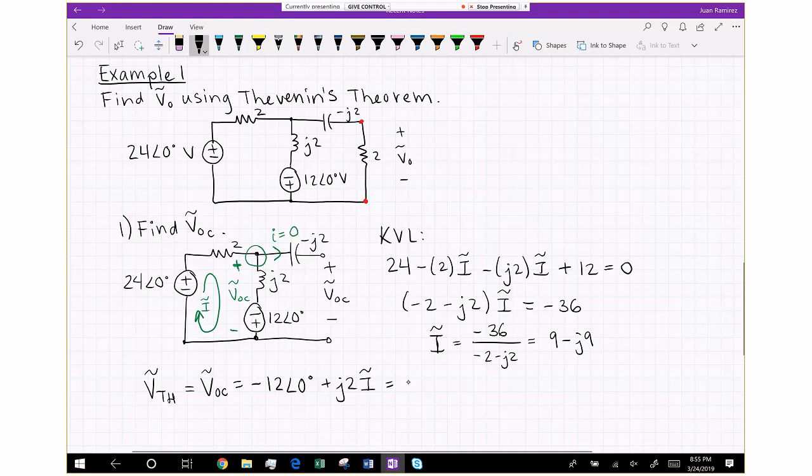That's equal to negative 12 plus J2 times (9 minus J9). Do some math and you'll find that it is equal to 6 plus J18 volts, which is equal to 18.97 with a 71.6 degree phase angle. And that's our Thevenin voltage.